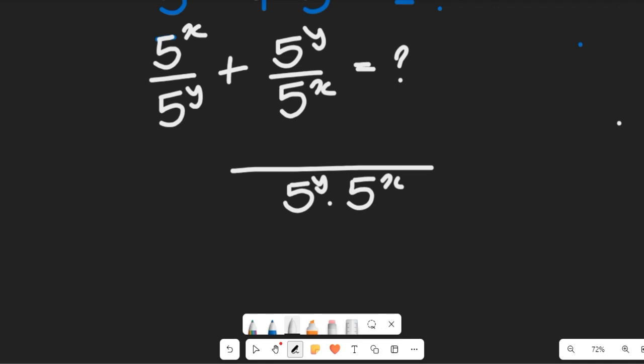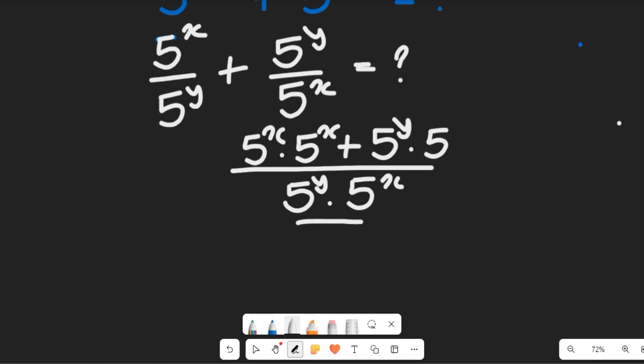Dividing this whole expression by 5 to the power of y, we're going to have 5 to the power of x multiplying 5 to the power of x, plus this whole thing divided by 5 to the power of x, we'll have 5 to the power of y multiplying 5 to the power of y, and all of this will be equal to what?